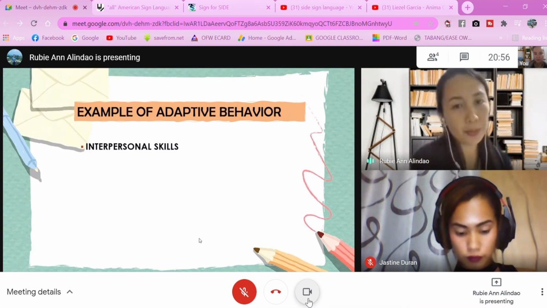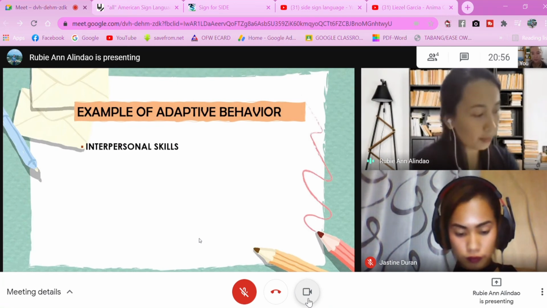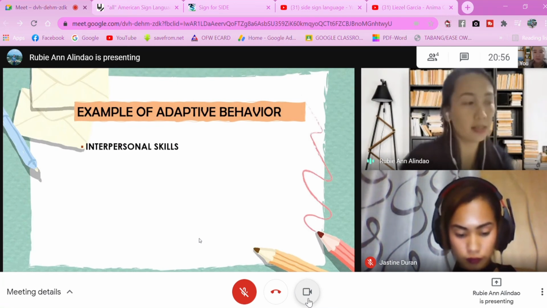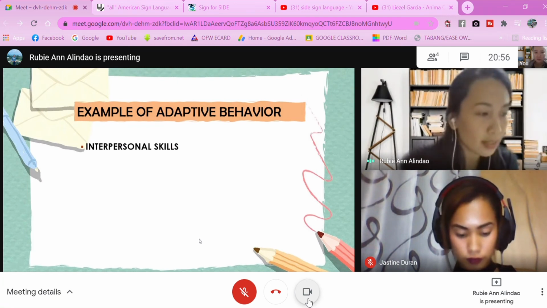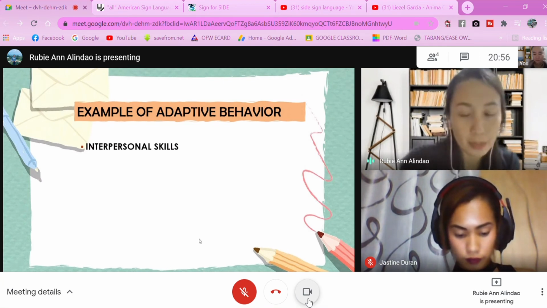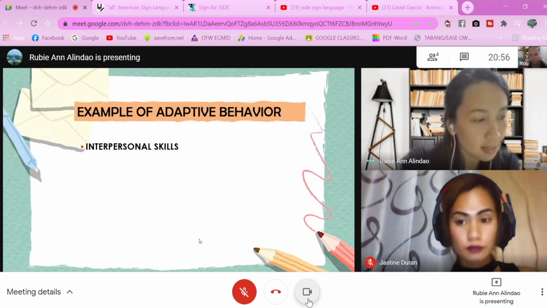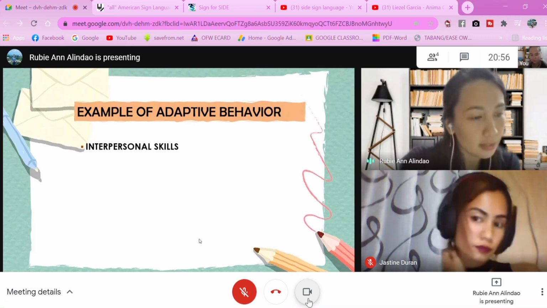We have interpersonal skills. So what do you mean by interpersonal skills? These are the skills we use every day when we communicate and interact with other people, both individually and in groups. They include a wide range of skills, but particularly communication skills, such as listening and effective speaking.